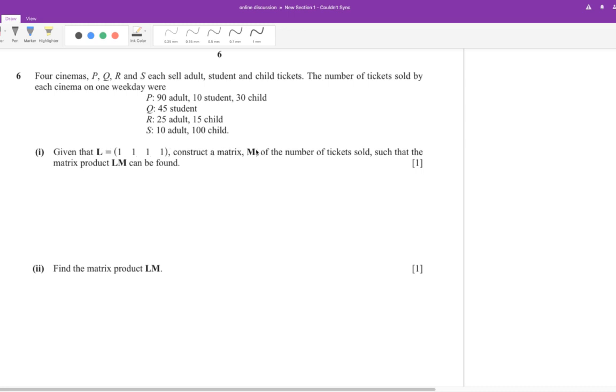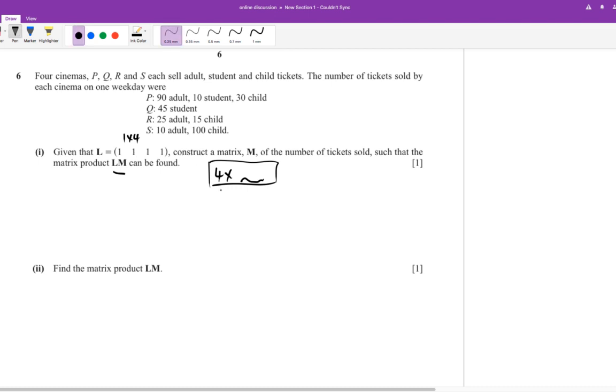Construct a matrix M of the number of tickets sold such that the matrix LM can be found. In order to make LM can be found, I need to know the matrix order for L first. The matrix order for L is 1 multiplied by 4. So in order for LM to be found, the matrix order for M must start with 4 multiplied by something. It must start with 4.